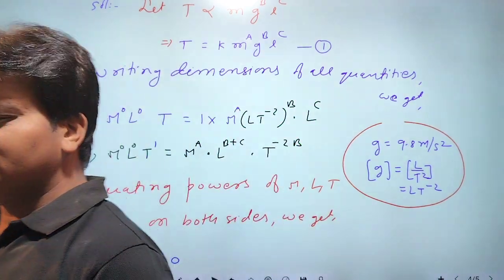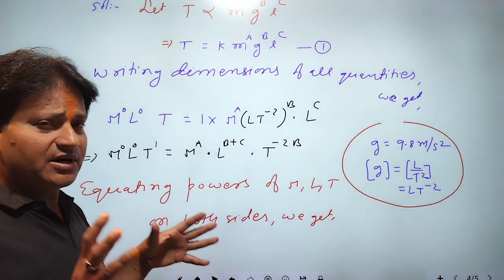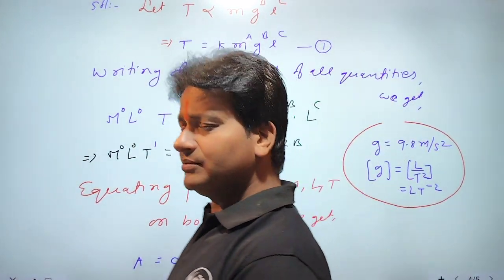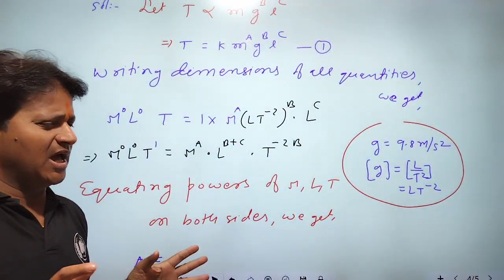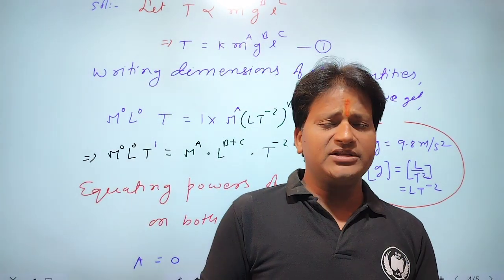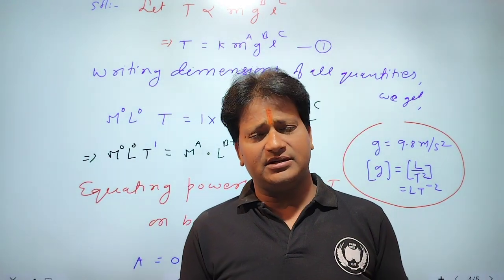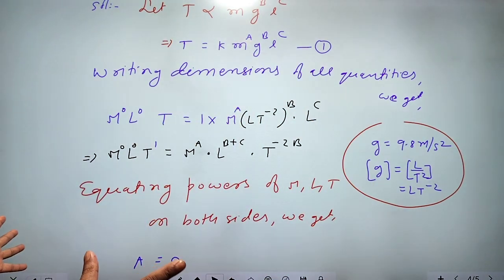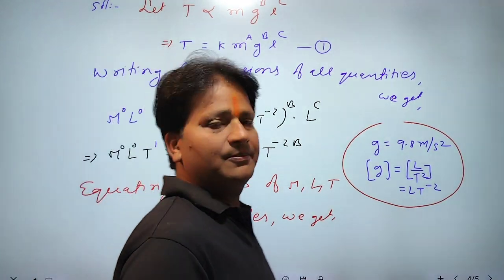The dimensional method can never derive those formulas in which the proportionality constant has a dimension. This is a demerit of the dimensional method.